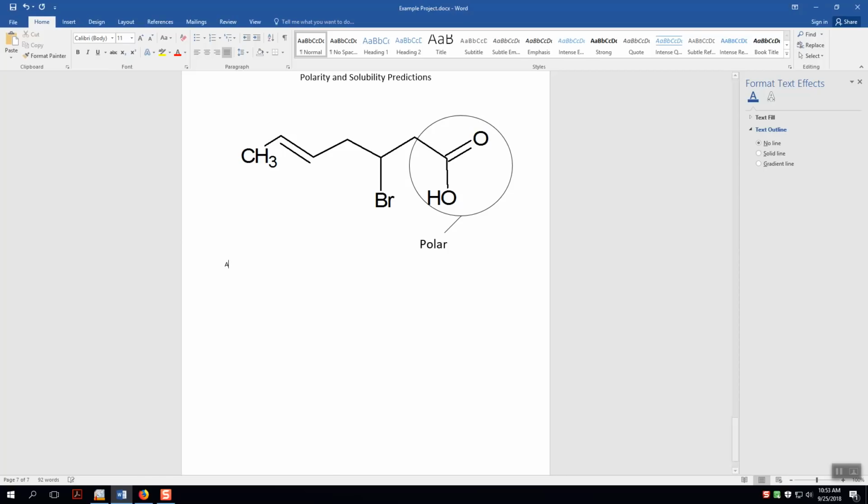So what I want to say is something along the lines of, although my molecule has a polar carboxylic acid functional group, it contains 7 carbon atoms.